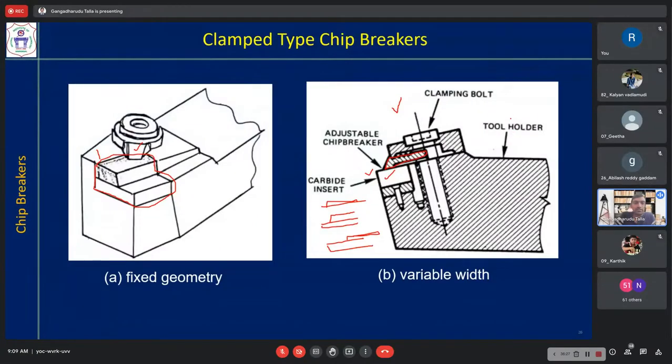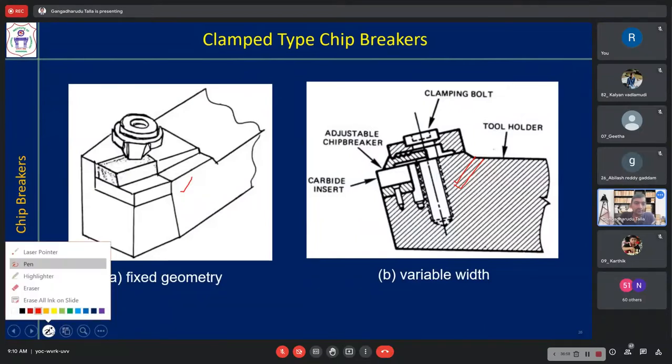Based on that, you can use it for various process parameter ranges. Here the range is limited if you have fixed geometry, even though you are clamping it. But of course, the problem is you have to clamp it rigidly. The clamping mechanism is a little bit complex. So that is the problem here.